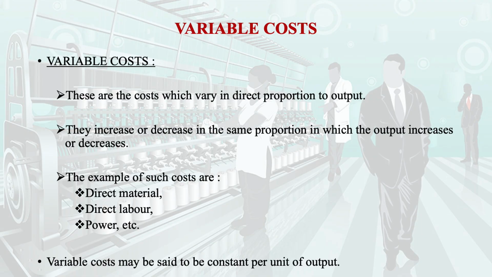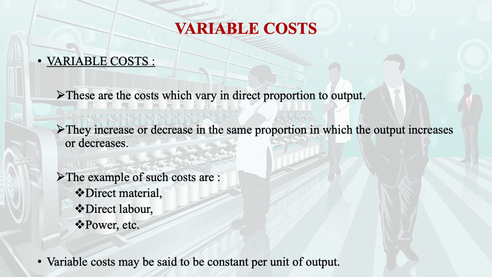The second type of cost is called variable cost. These are the costs which vary in direct proportion to the output. That means they increase or decrease in the same proportion by which output increases or decreases.